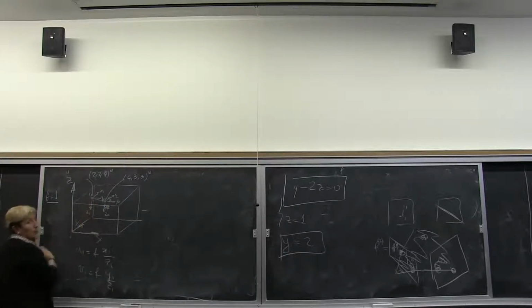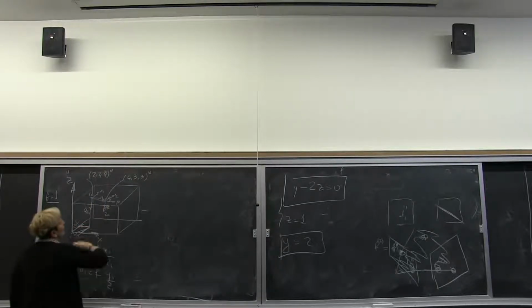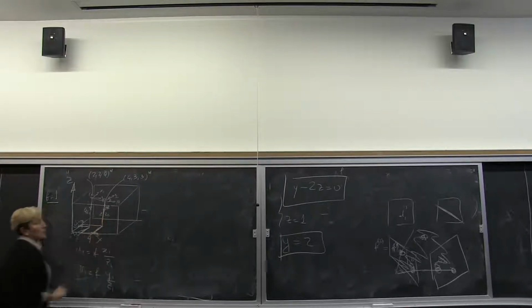So this point over here, the central projection of the first camera, has coordinates 2, 2, 4. So let me get it down here. In the world coordinate system, this is 2, this is 2, and that was 4. And this guy has 4, 3, 3. So when I go down here, this is 4, this is 3, and then this over here is 3.